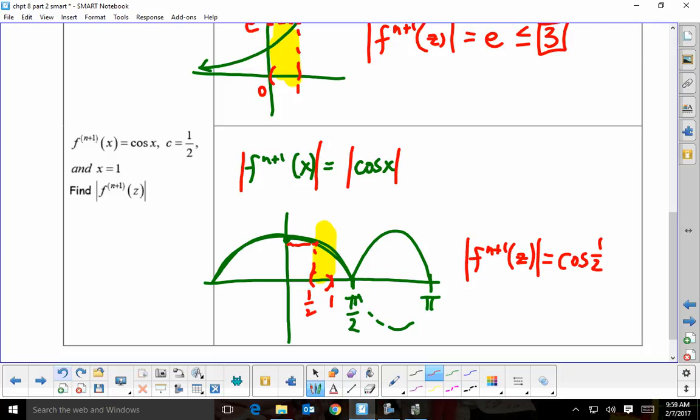So let's pick something a little bit easier. 1. Just make it easy. Your upper bound here is 1. It's the biggest for any sine or cosine, and that's typically what we're always going to pick for sines and cosines, regardless of where we're centered in our x value. Okay?